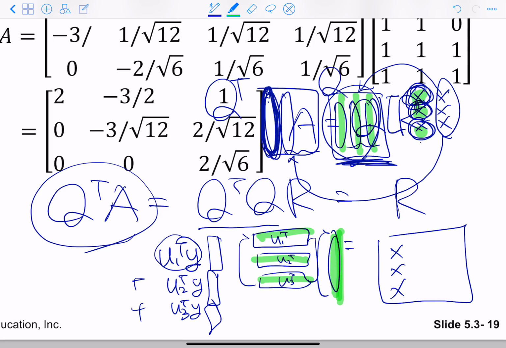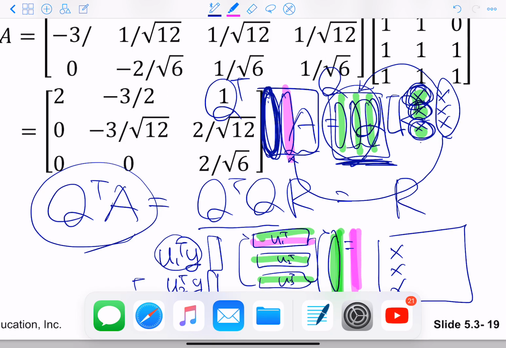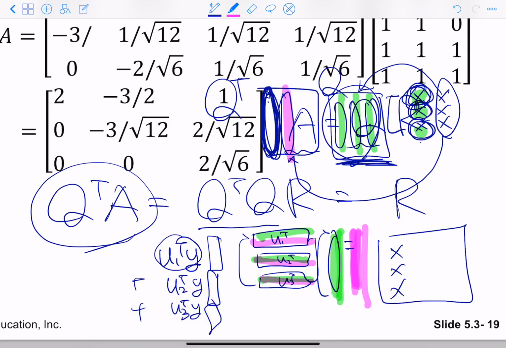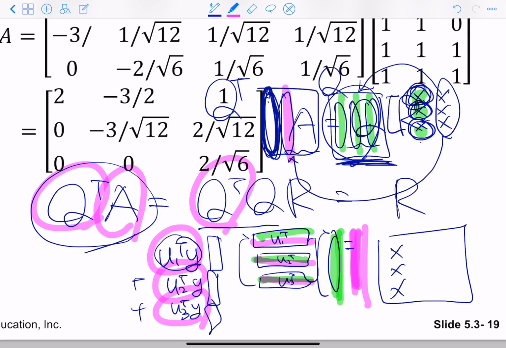Likewise, if we have the second column of A, we just concatenate it column-wise, and this guy times this, and this guy times this, and so on. So if we multiply Q transpose on the left of A, it will simply give us the linear combination coefficients when we are given orthonormal basis vectors. Any questions?